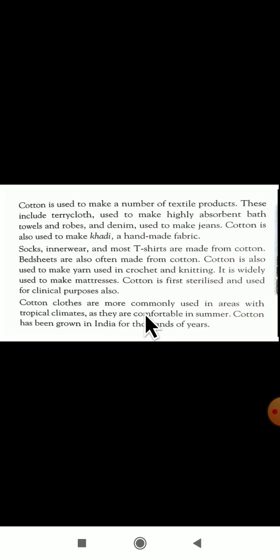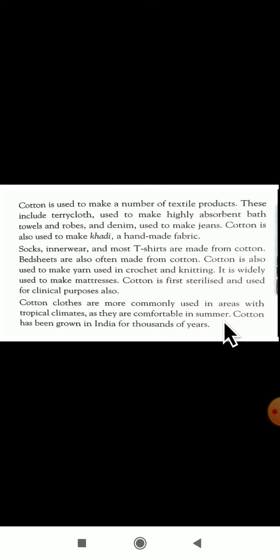Cotton clothes are more commonly used in areas with tropical climates, as they are comfortable in the summer season. In which season are we wearing cotton clothes? In the summer season we are wearing cotton clothes. Why are we wearing cotton clothes in the summer season? Can you guess, dear students? Yes, because it will absorb the sweat here.